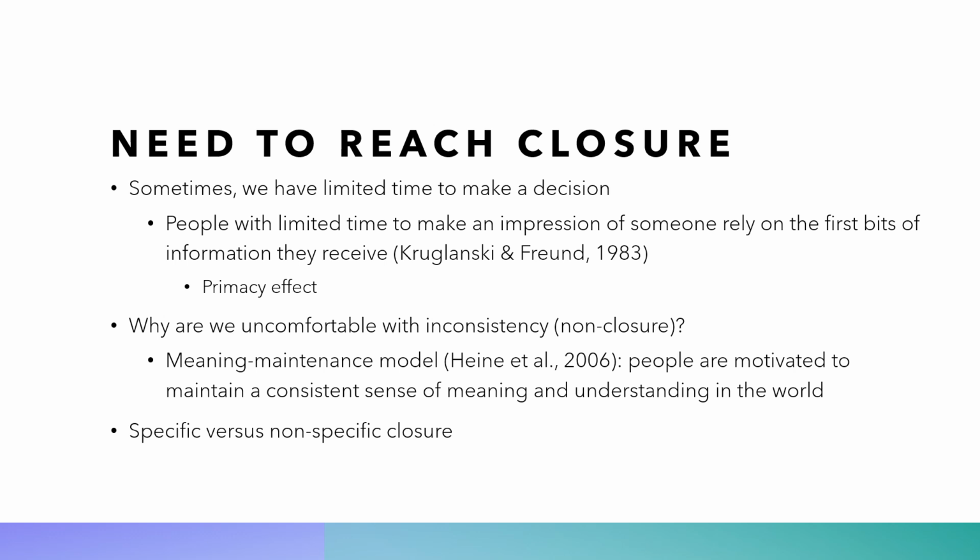So for example, one study found that when people are given a limited amount of time to make an impression of someone, they tend to rely on the first bits of information they receive. Obviously it's not very accurate to just go off the first few things you learn, but it helps you reach closure very quickly.